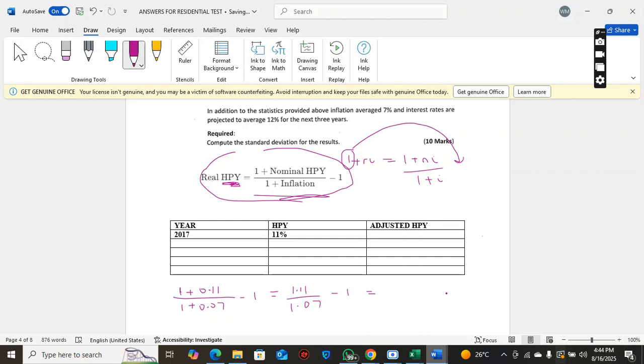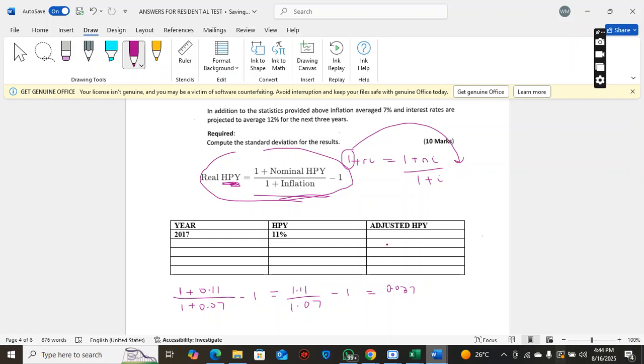1.11 divided by 1.07, you get 1.037, minus 1, you get 0.037, which is the same as 3.7%.